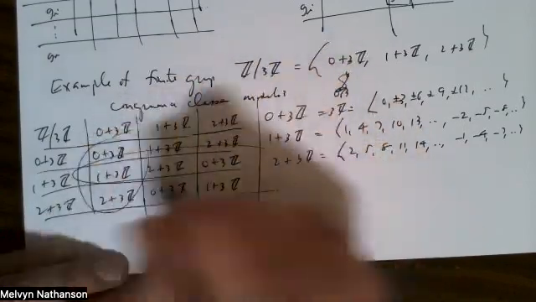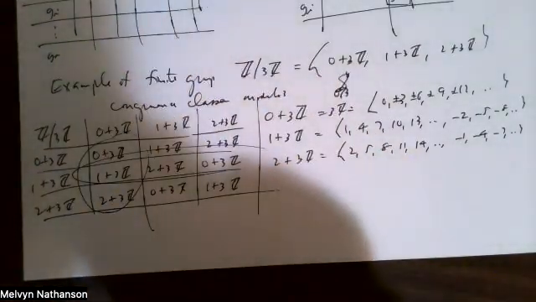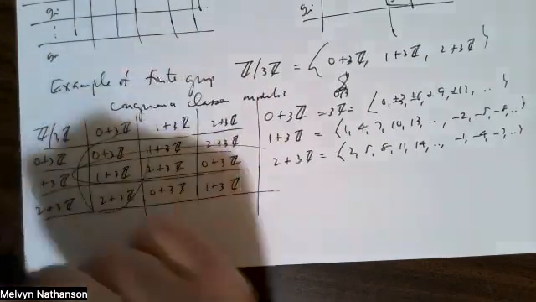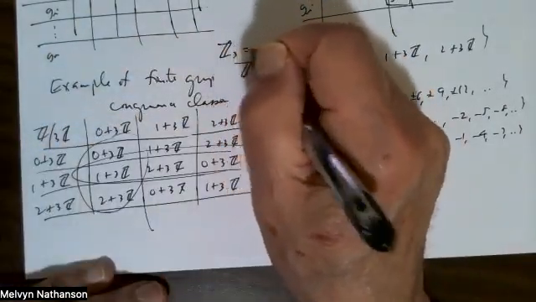And in every row, you have each element of the group appearing exactly once. People tend to write this group as Z subscript 3. It's the same.